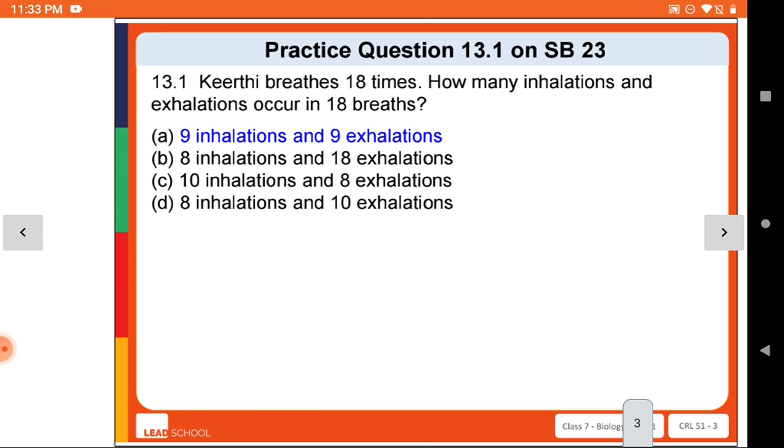If she breathes 18 times, it means 9 inhalations and 9 exhalations. So there are an equal number of inhalations and exhalations.